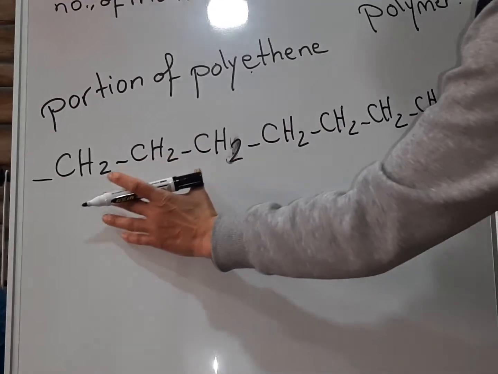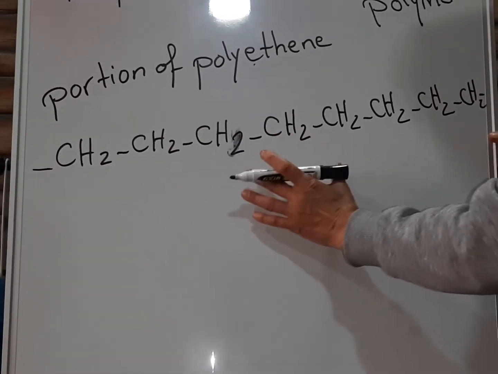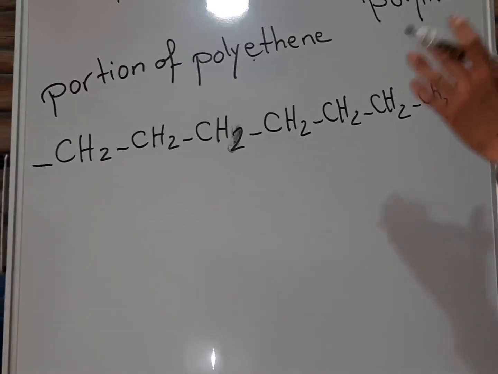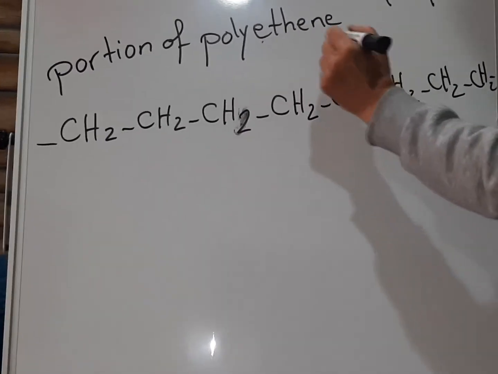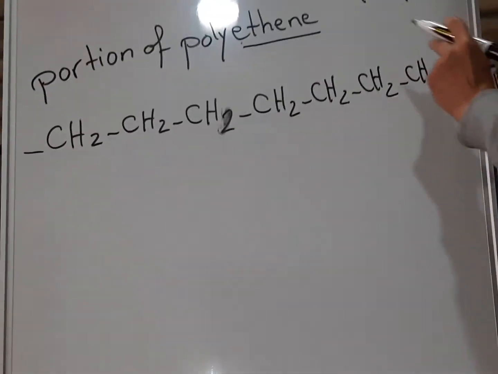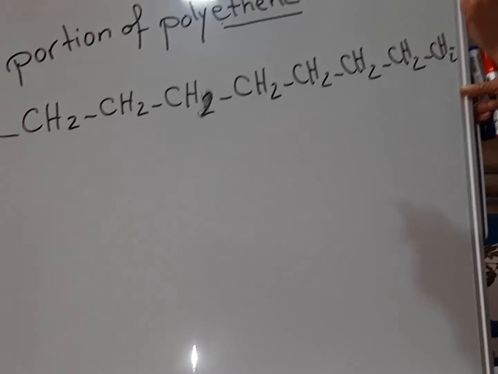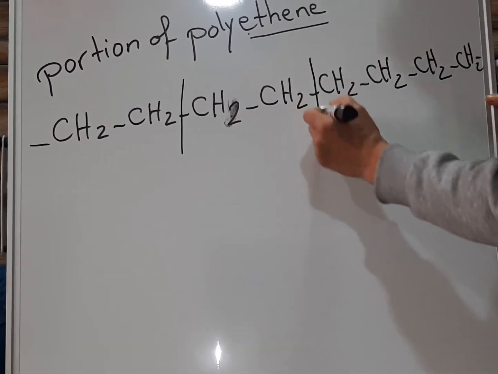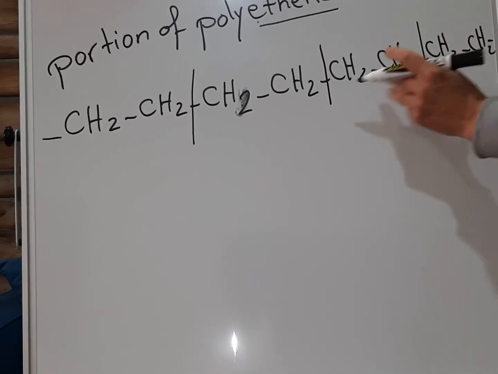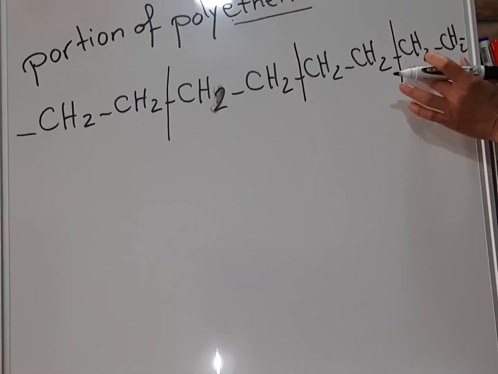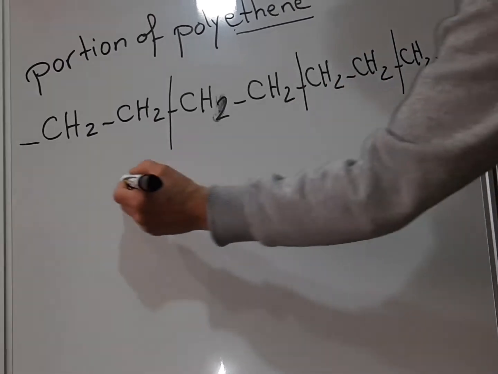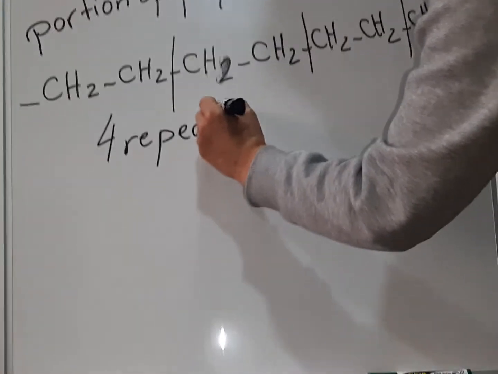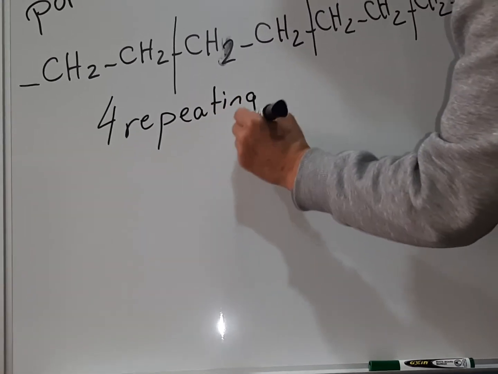In this portion of polyethene, I have how many repeating units? So, polyethene means the repeating unit is ethene made up of 2 carbon atoms. This is the first ethene, this is the second ethene, this is the third ethene, and this is the fourth ethene. So here I have 4 repeating units.